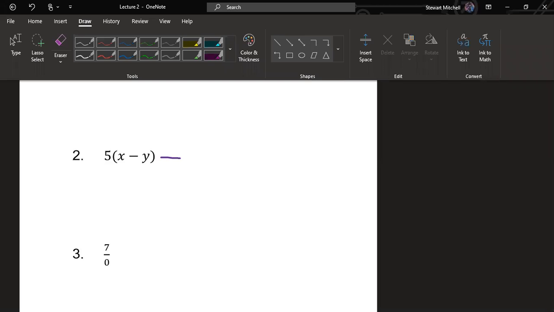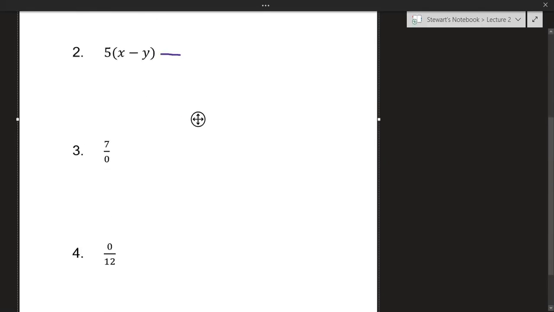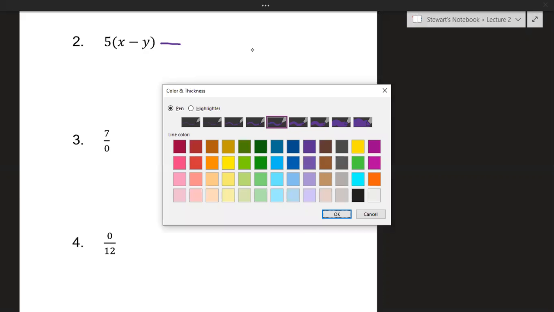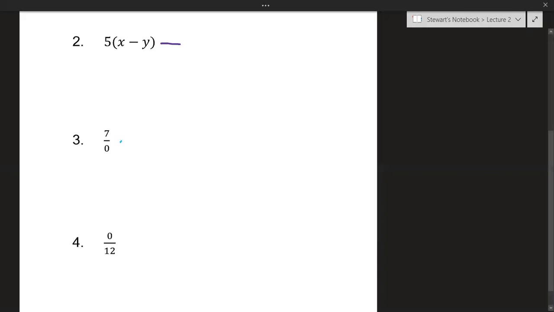The second two, 3 and 4, fall under a different property. They fall under what could be called the special properties of 0 when dealing with division, because 0 can be a tricky number when you're dealing with things at times.